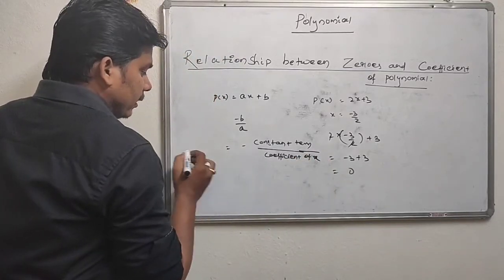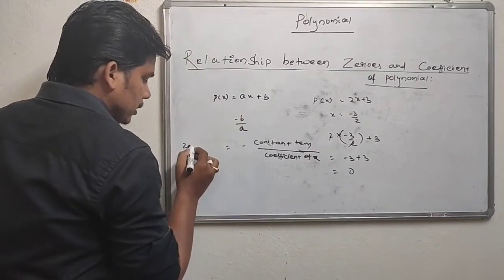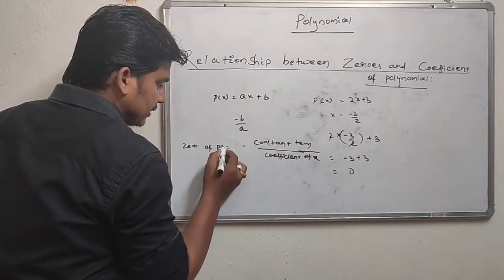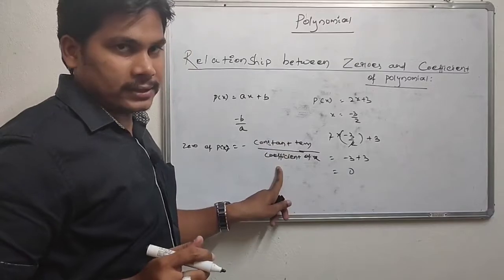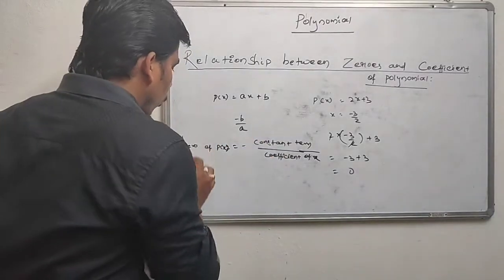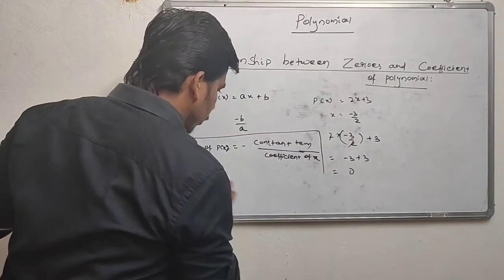Understand? The zero of p(x) is minus the constant term by the coefficient of x. This formula is only valid for a linear polynomial.